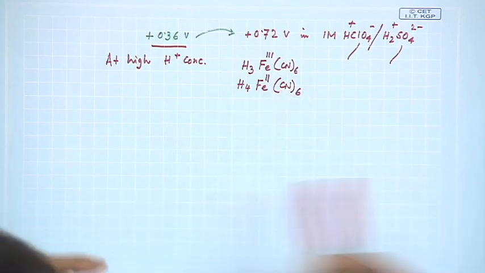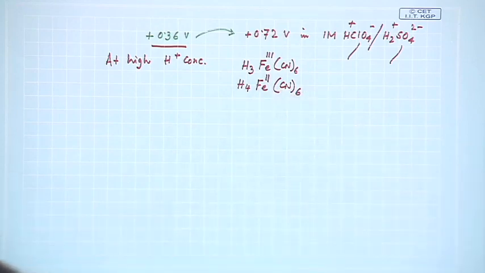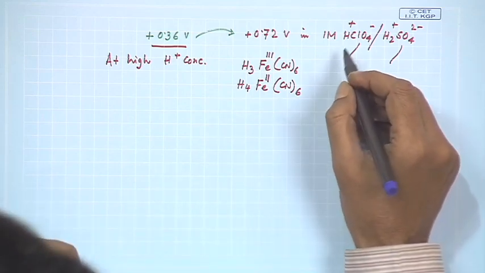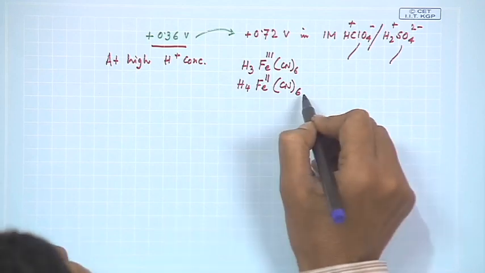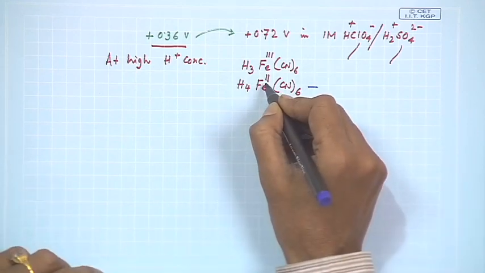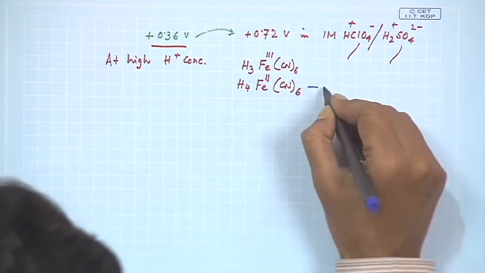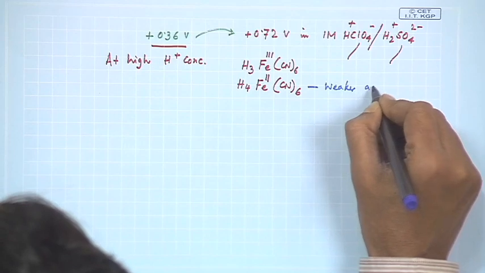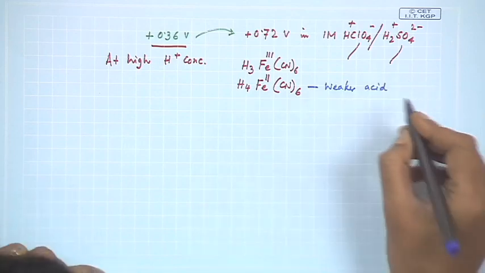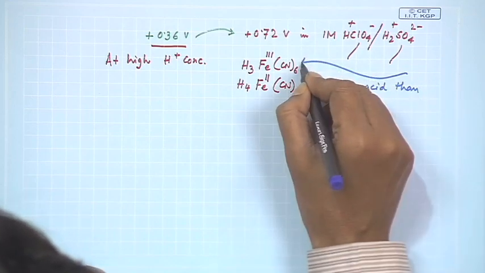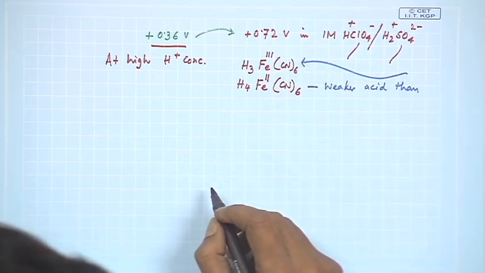So, the corresponding acidity of all these is important. When the charge is less, the ferrous species is a weaker acid than its ferric counterpart.